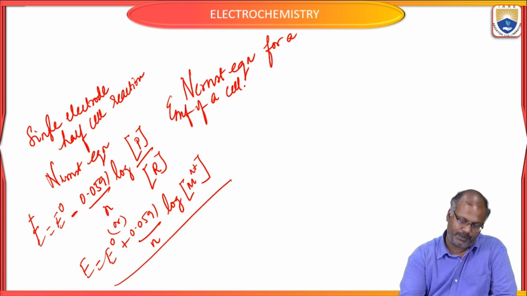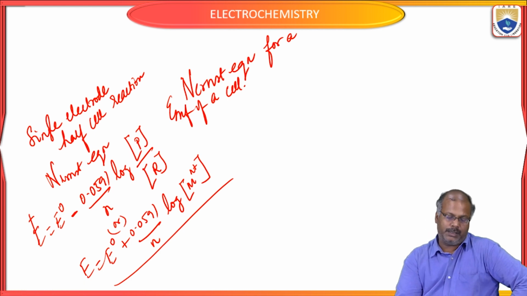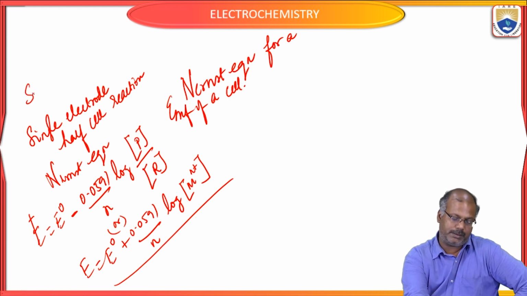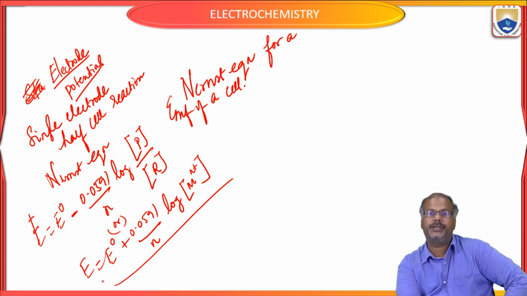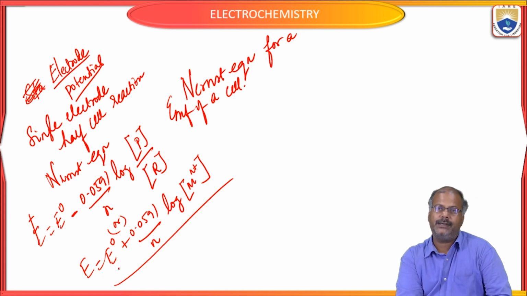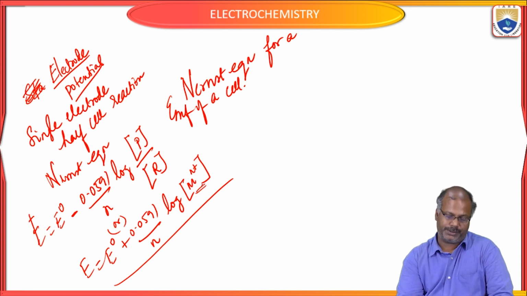So this is the formula we used for electrode potential. E is electrode potential, E naught is standard electrode potential, n is number of electrons transferred, and this is the concentration of ions.